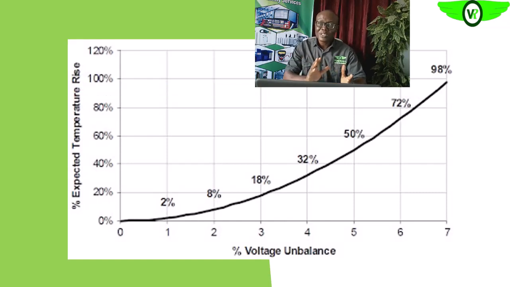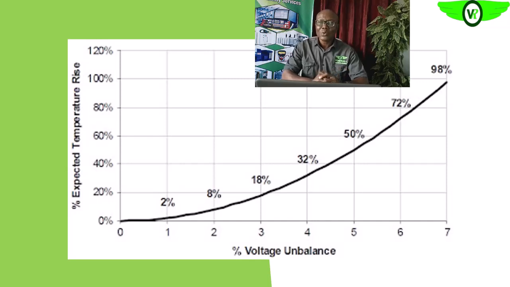Just imagine you have an unbalance of say 4 volts. If 1 volt of unbalance is causing an increase in the amount of current of 10%, that is automatically a 40% increase of the amount of current flowing through the windings.